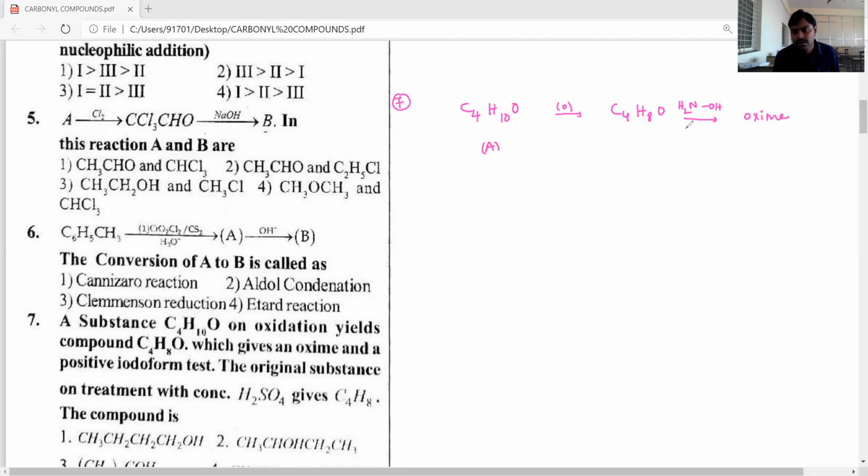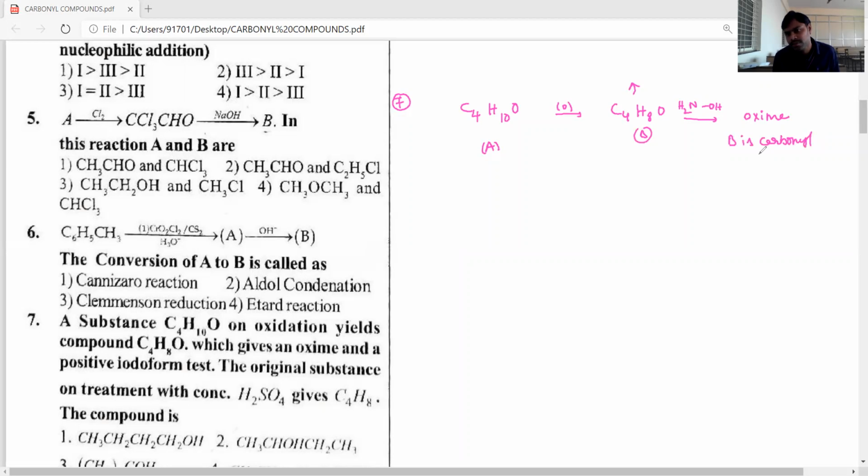Forms oxime, what does this reaction indicate? This reaction indicates it has a carbonyl compound. So let it be B. B is a carbonyl compound.